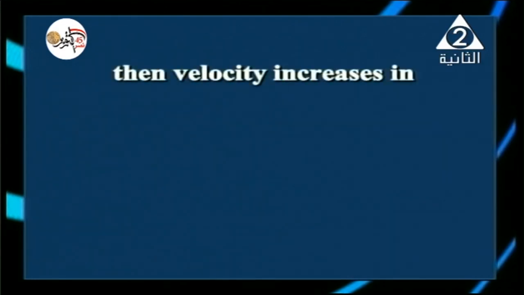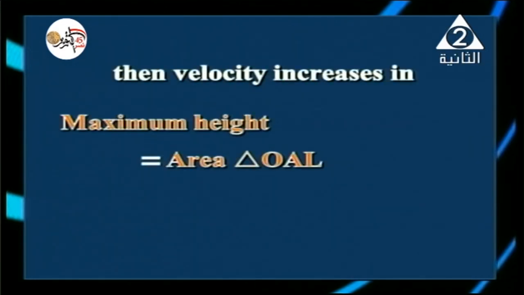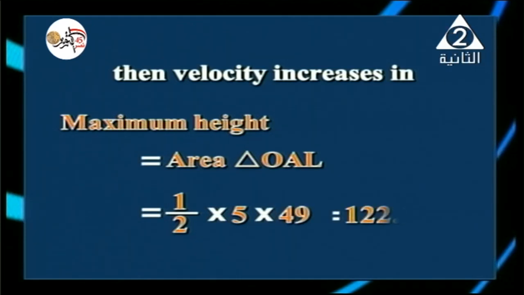Then the velocity increases. Maximum height equals what? Area of the triangle under the line and the XY axis equals half base times height. Half times 5 times height 49 equals 122.5 meter square. This is the area of the triangle.